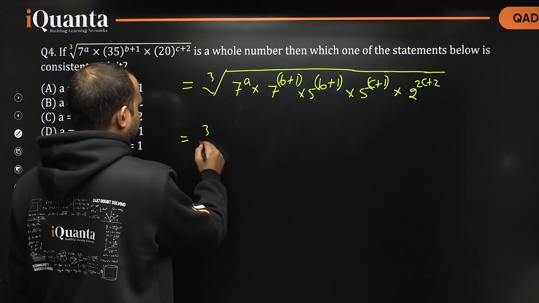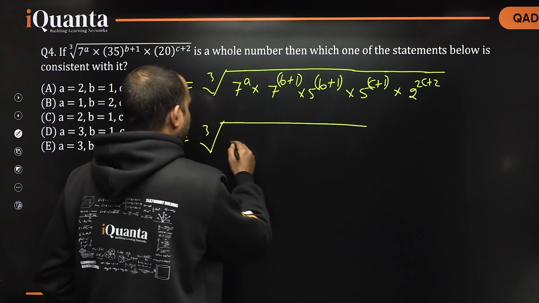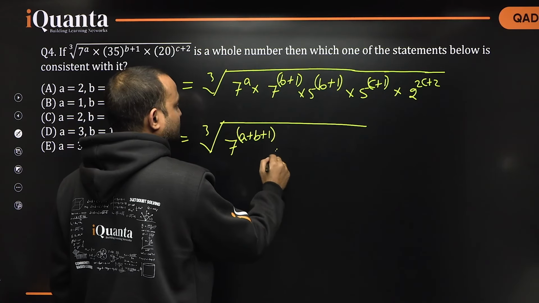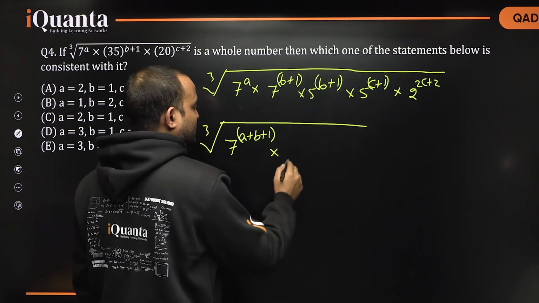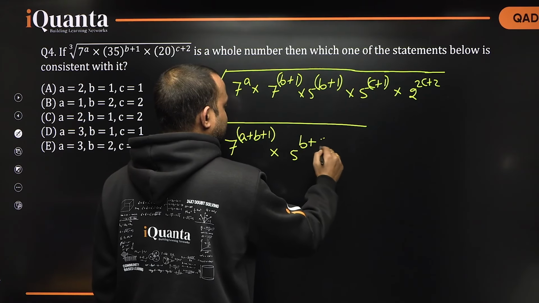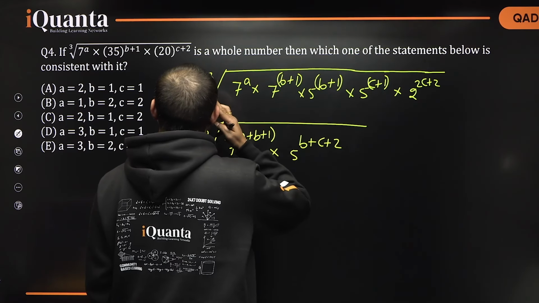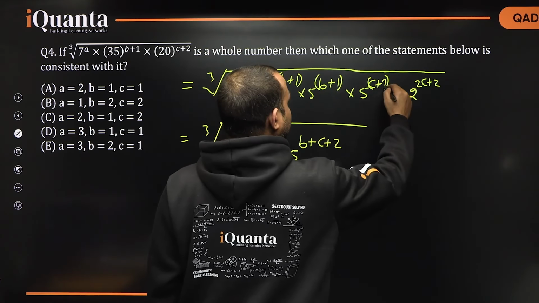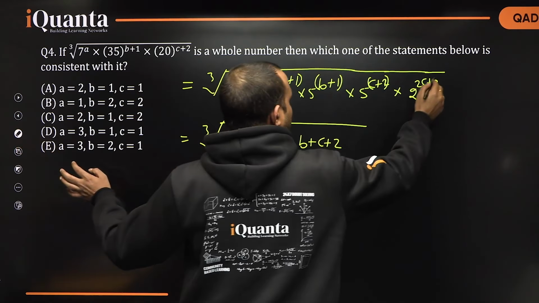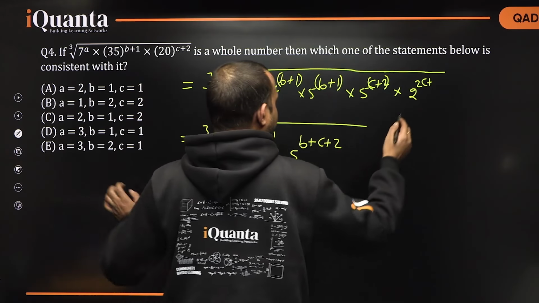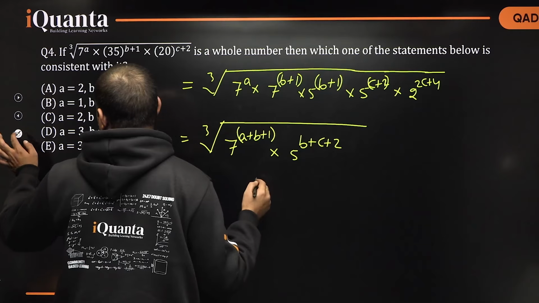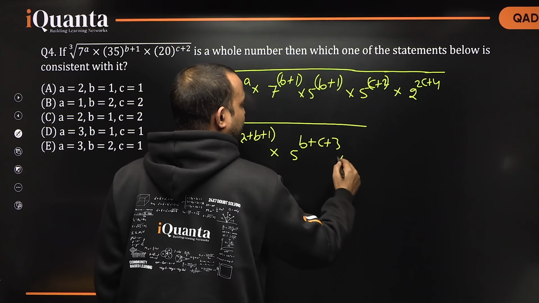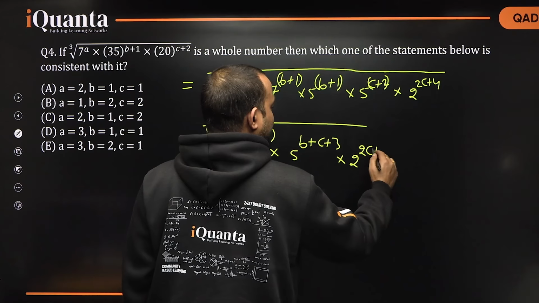If we merge this, cube root of, it will become 7 to the power A plus B plus 1 into 5 to the power B plus C plus 2, right? This is C plus 2, so this will become B plus C plus 3, into 2 to the power 2C plus 4, correct?